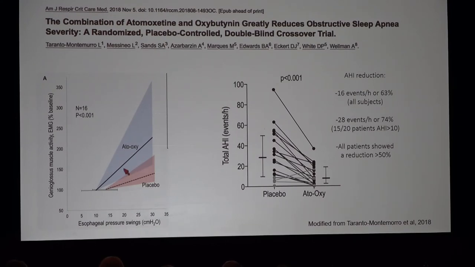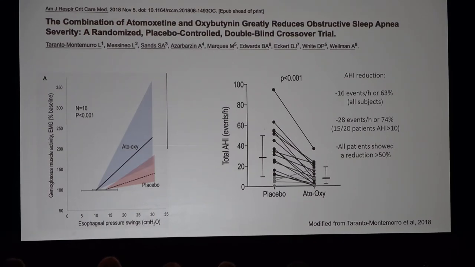When we see this EMG activity, it is doubled or tripled above the baseline with the drug, and with the placebo, it was the same. And there is also a very good reduction, like 63% reduction of AHI in all the subjects.